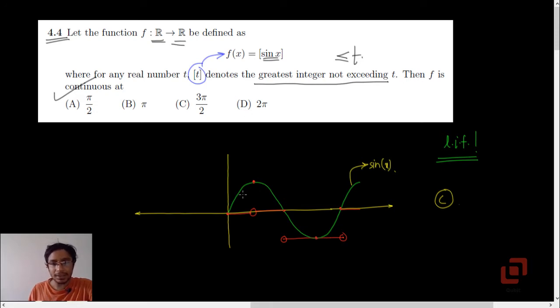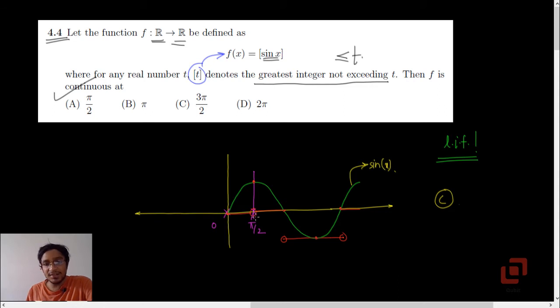See, now if you consider all the numbers between 0 and pi by 2, then you agree that sine theta is less than 1 but positive, so you need to project the graph of the function sine x between 0 and pi by 2 on the x-axis. Greatest integer function less than or equal to the number.